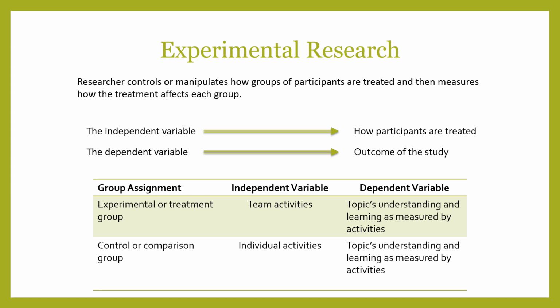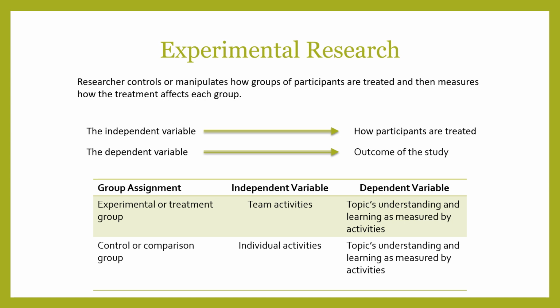Let's check that with the example. But first, we have to have clear our variables. The independent variable is how participants are treated, and the dependent variable is the outcome of the study. We are going to understand that with the table below.